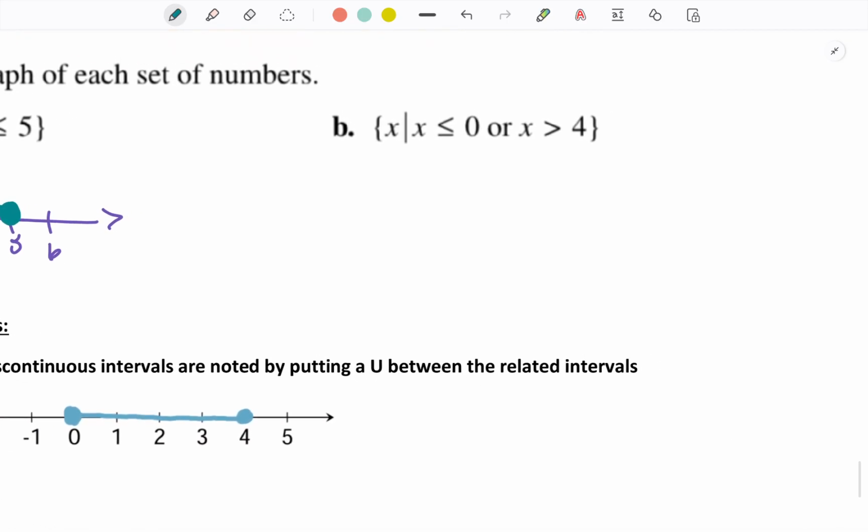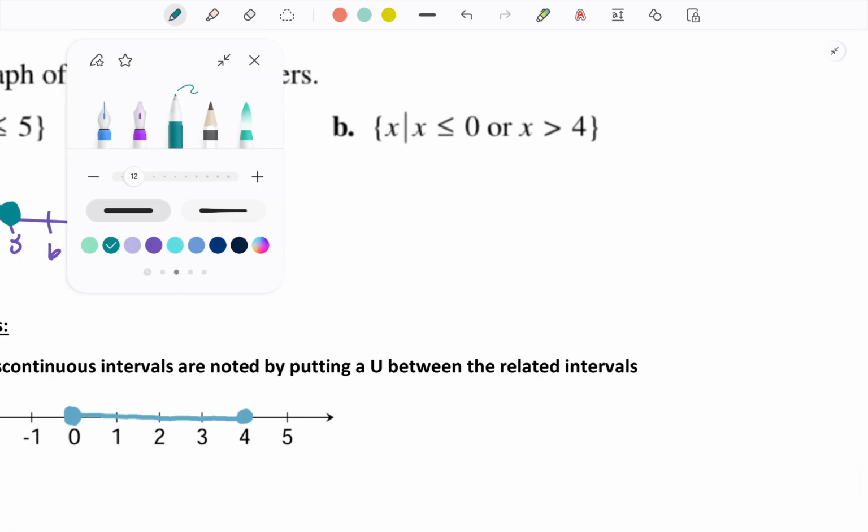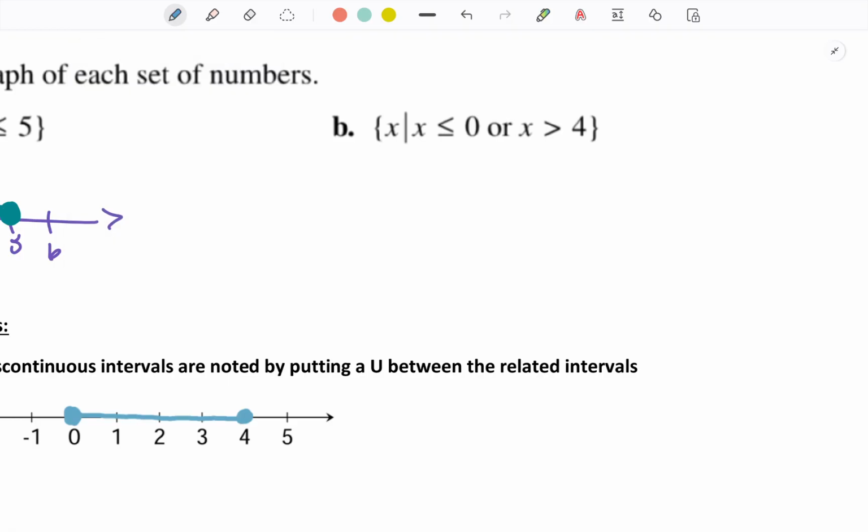And then on B, we have an or statement. So we're going to have 2 sections on our number line. And then we have -1, 0, 1, 2, 3, 4, 5, 6.